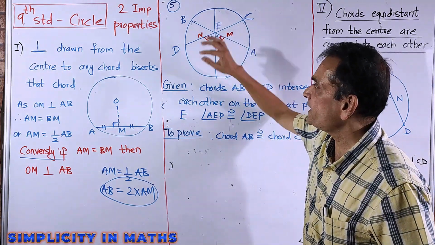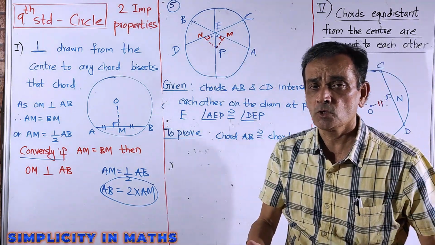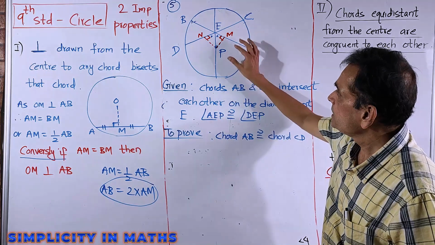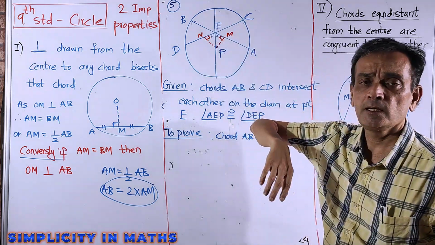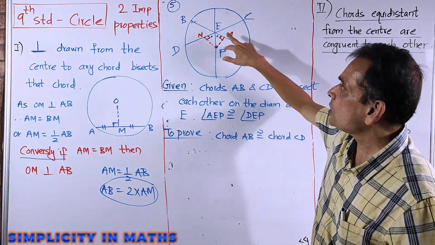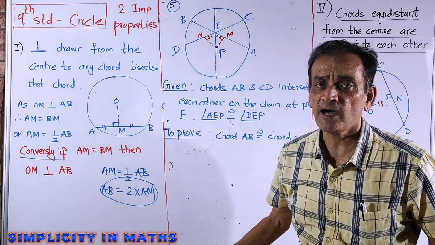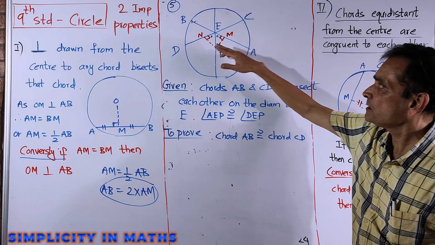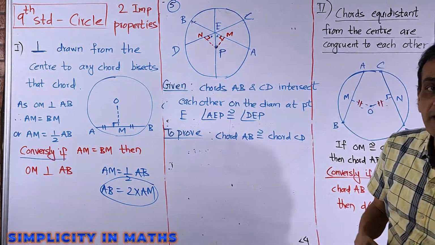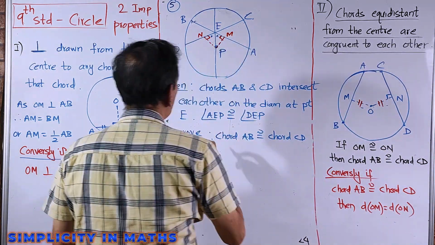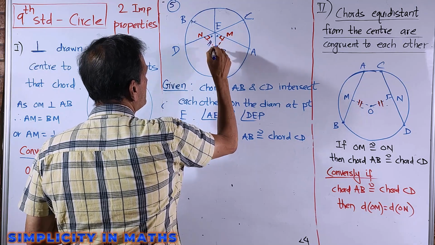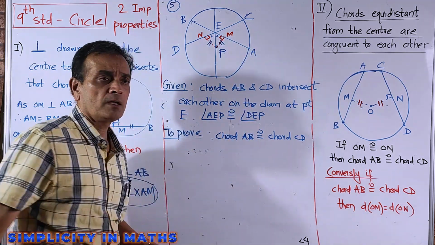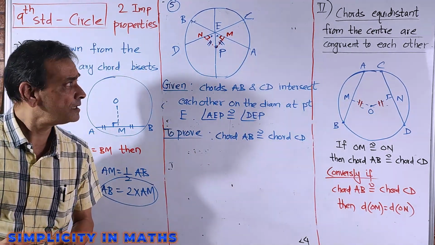And if we show both are equal, how to show that we will see. If we show both congruent, then naturally we can say chord AB congruent to chord CD. Why? Because chords equidistant from the center are congruent to each other. So we have to show equidistance. This equal to this, we have to show these two equal.